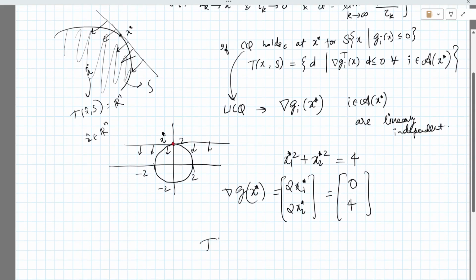So your tangent set is d such that (0, 4) times d is less than or equal to 0.